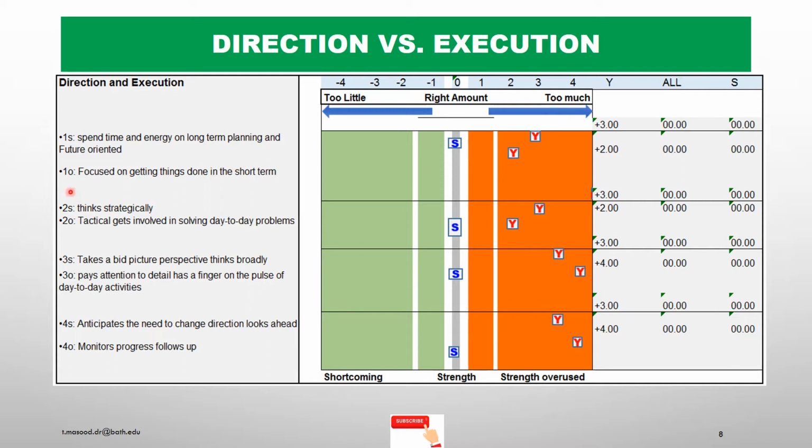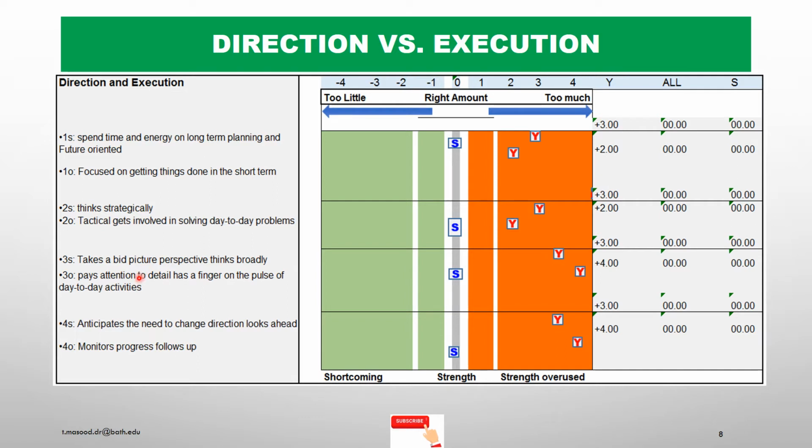On 1O I stay at +2, and on 1S I stay at +3. Same on 2S and 2O: think strategically and tactical, getting involved in solving day-to-day problems. I stay at +3 and +2 in my second instance.